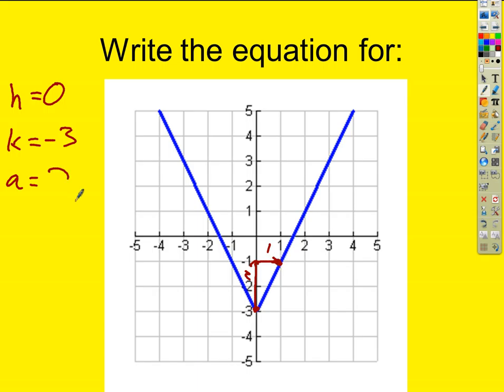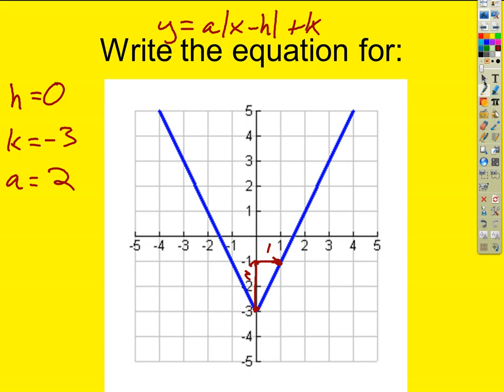So a is 2. And so then we just plug that into our standard form, or vertex form, I should say. y equals a times the absolute value of x minus h, plus k. That's a flashcard thing. Throw that on a flashcard. Just accumulate flashcards as you go. If I plug all that stuff in, I just get 2 times the quantity x minus 0. What's x minus 0? x, right?